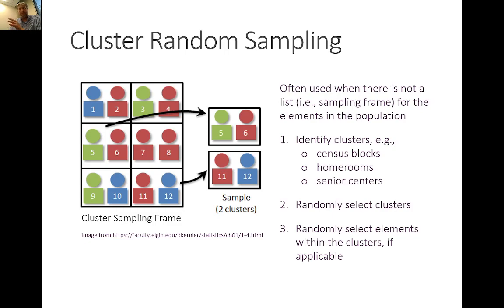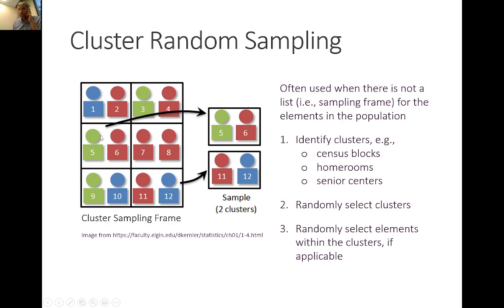Cluster random sampling takes advantage of the physical identities of people. The easiest way to think about this is like a school, and the school is divided into different classes. If you want to get a sample of students in the school, you could just pick specific classes, and then you could pick random people within those classes.